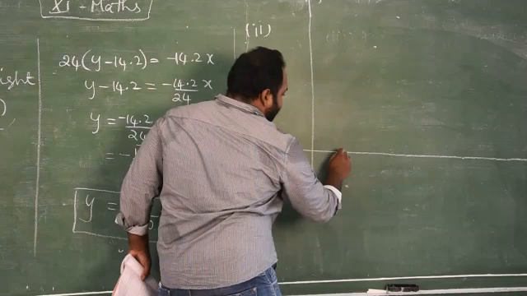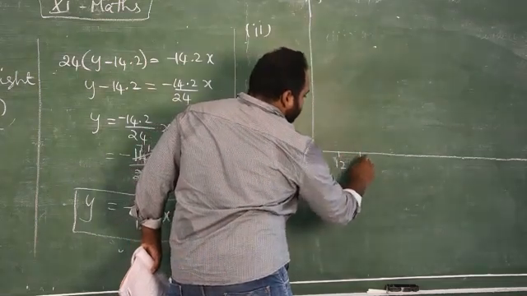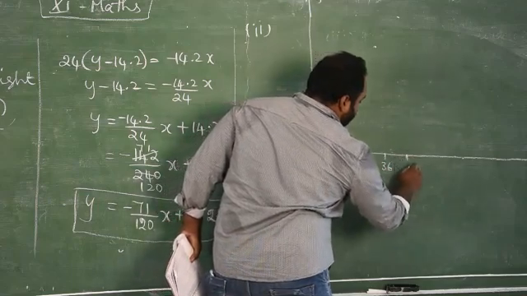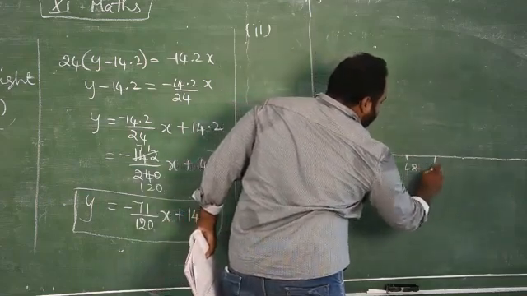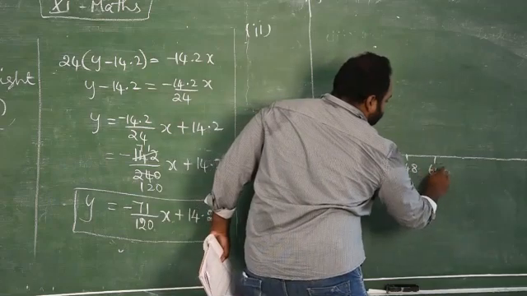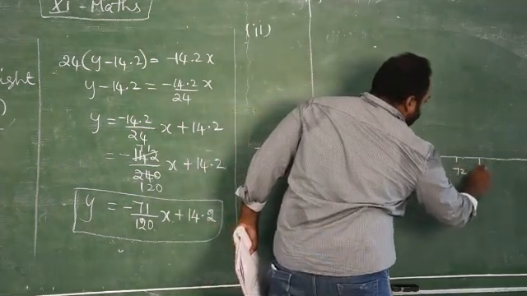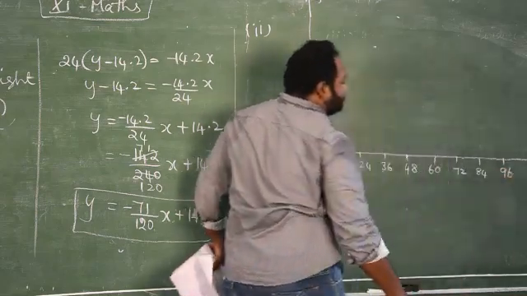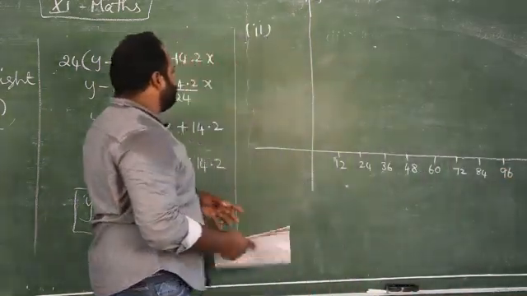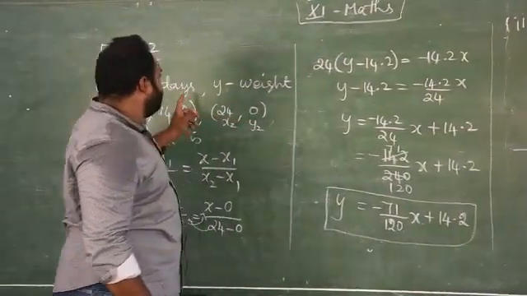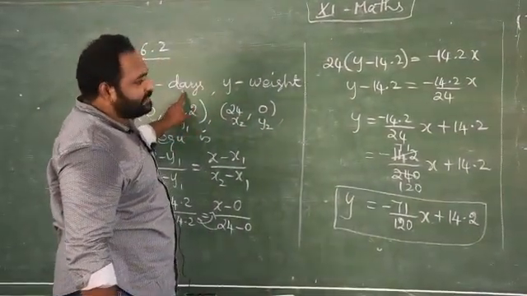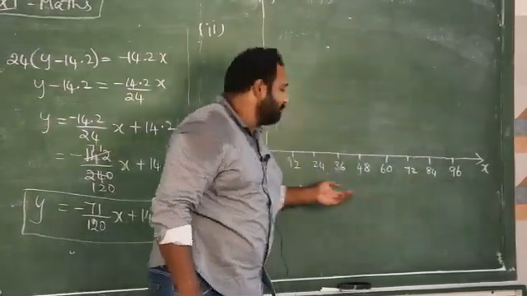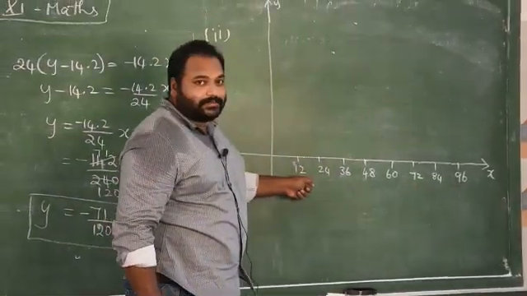Here the units I am going to take as 12, 24, 48, 60, 72, 84, 96. Because we have considered x as days, and they are asking to draw the diagram for 96 days, I have taken units of 12.